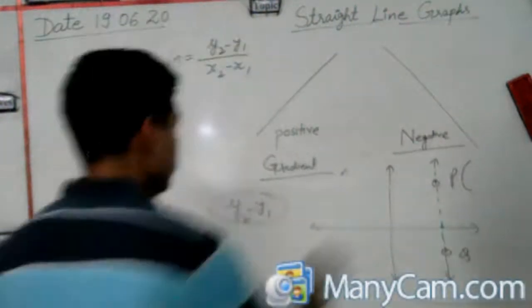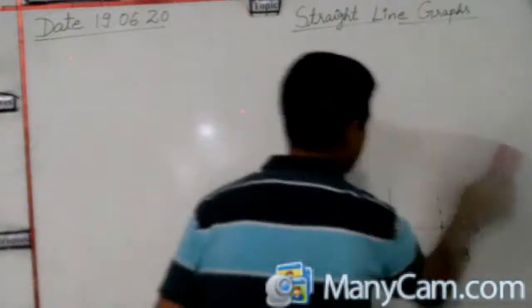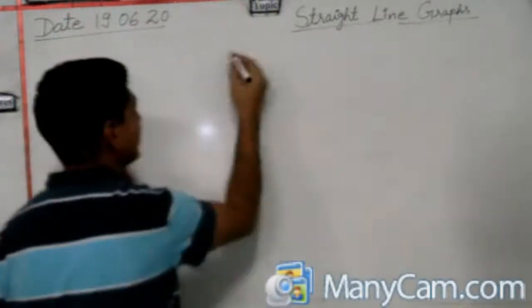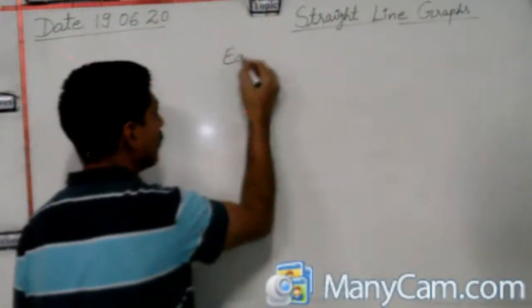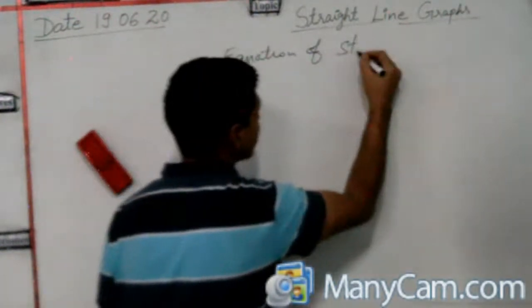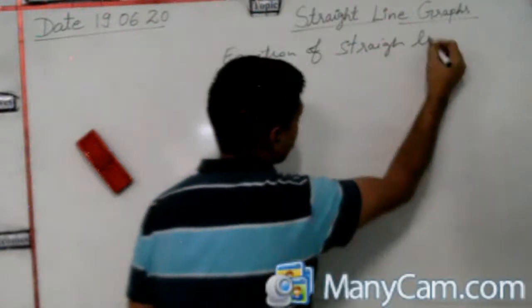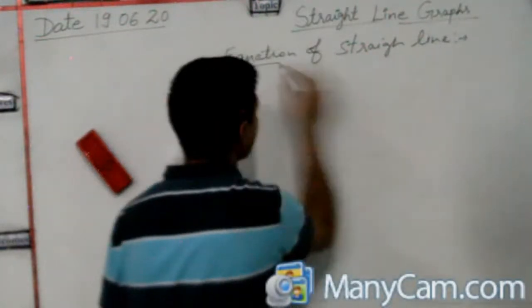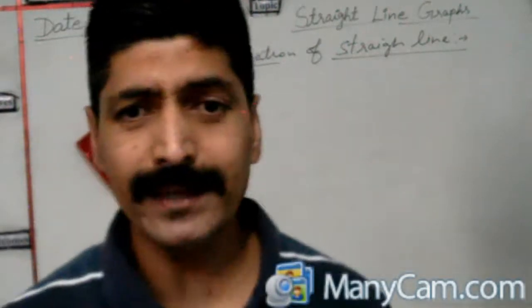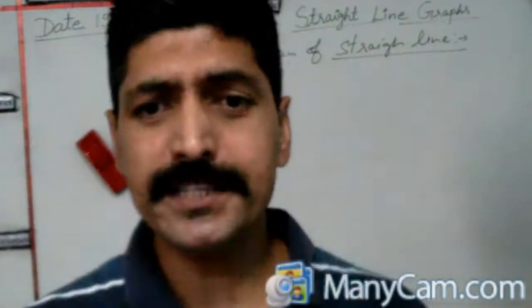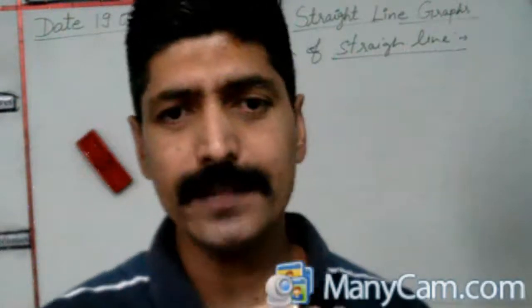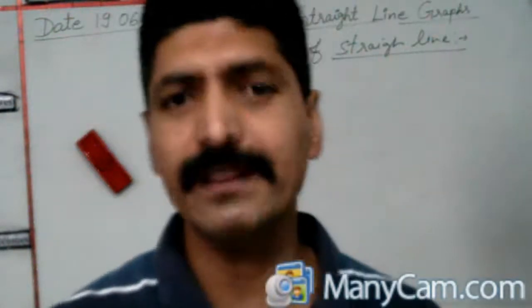So the equation of a straight line. When we plot a line on the graph, then the x coordinate and y coordinate have a fixed relation between them.